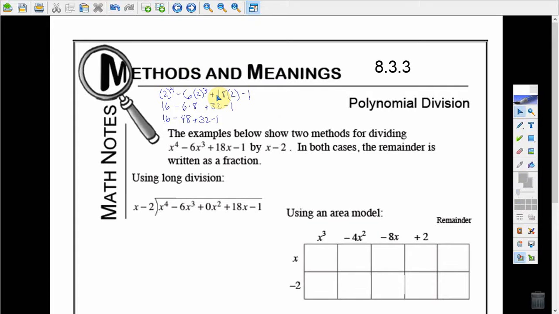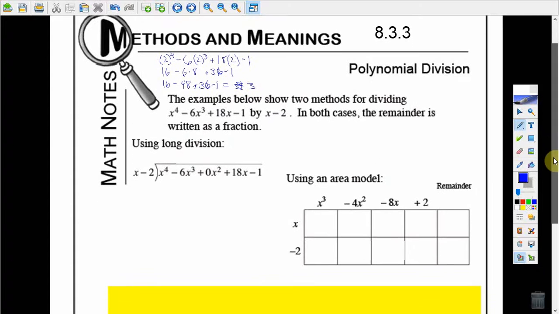And that gives us negative 1. Although I do see right now that I had a little math error right here. 18 times 2 is not 32, it's 36. So instead of negative 1, our answer is going to be positive 3. So we should get a remainder of 3 when we do this, which is a nice little check on your work. Let's see what we get.